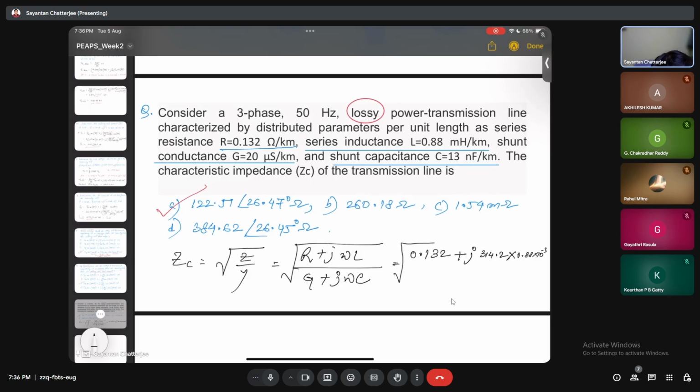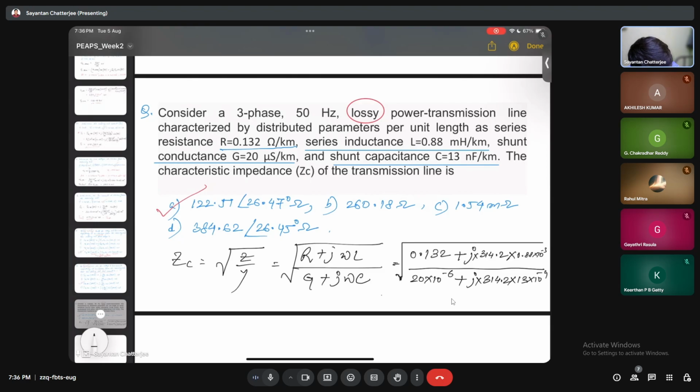This is the numerator part, and the denominator will be G, G is 20 into 10 to the power minus 6 Siemens, and shunt is j into 314.2 into 13 nanofarad, so 13 into 10 to the power minus 9.